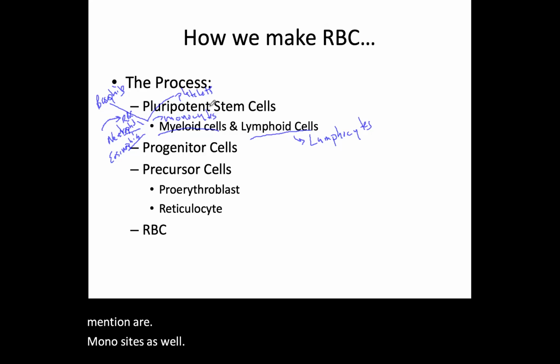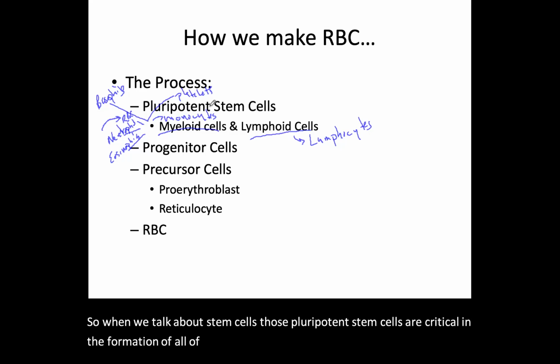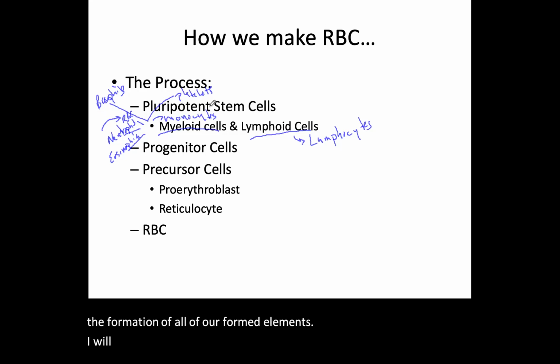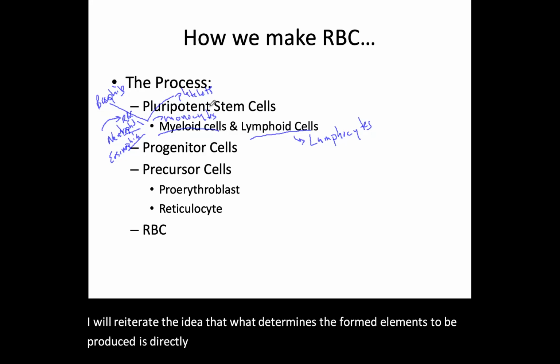So when we talk about stem cells, those pluripotent stem cells are critical in the formation of all of our formed elements. I will reiterate the idea that what determines the formed element to be produced is directly linked to the hormone that is acting upon the pluripotent stem cell.